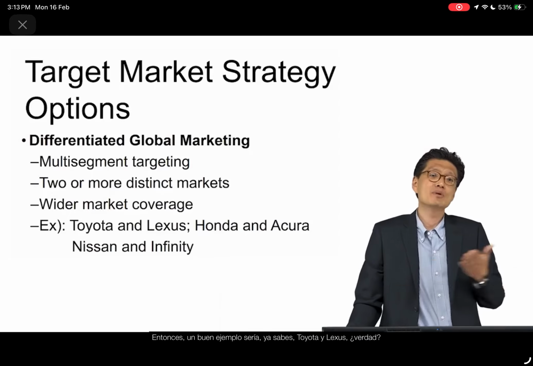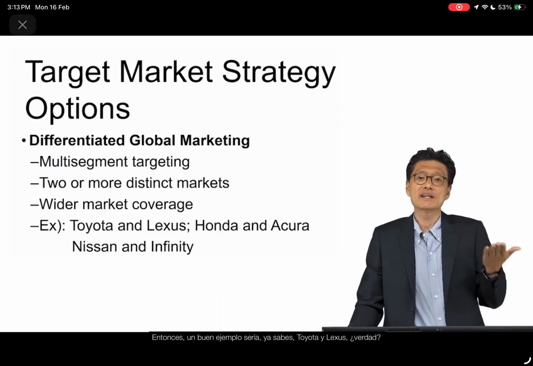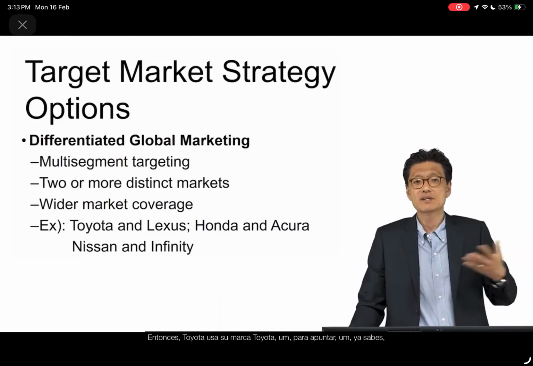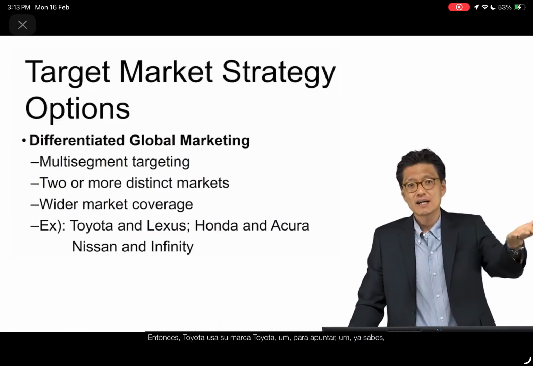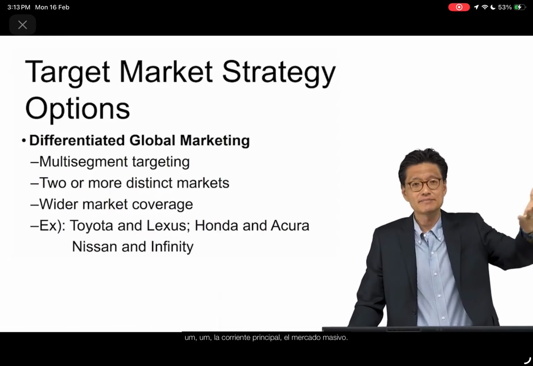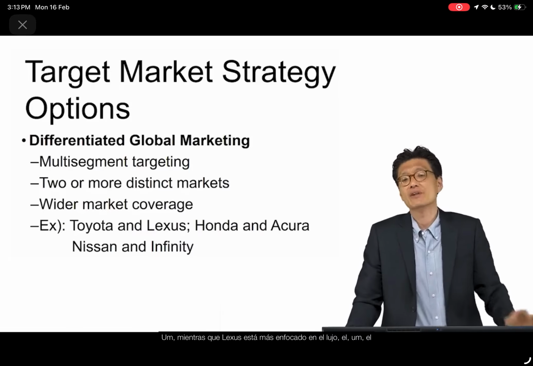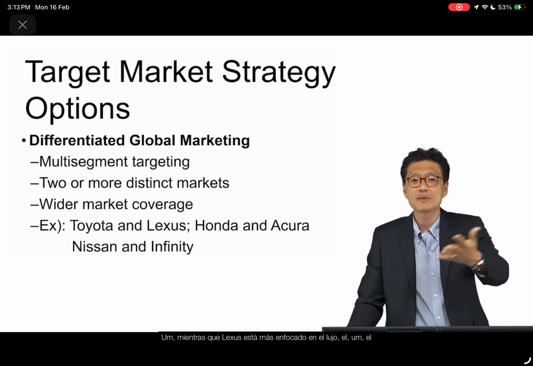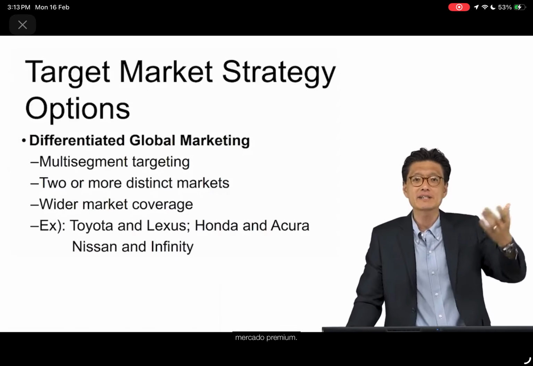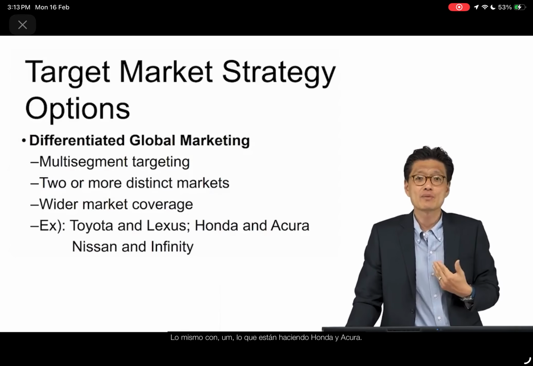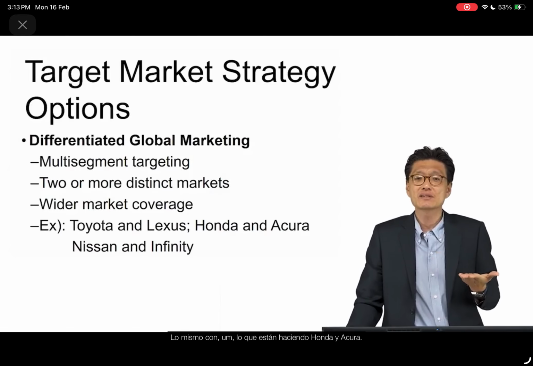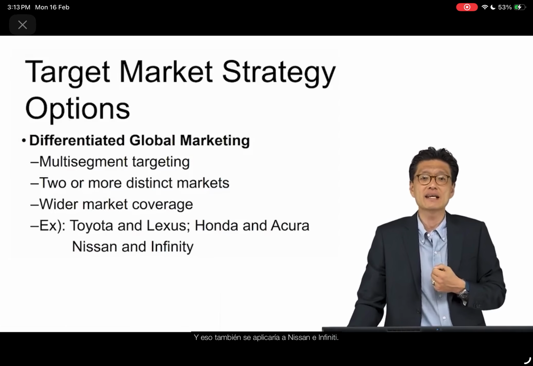A good example would be Toyota and Lexus, right? Toyota uses the Toyota brand to target the mainstream, the mass market, whereas Lexus is more focused on the upscale, the premium market. Same thing with what Honda and Acura are doing, and that would apply to Nissan and Infiniti as well.